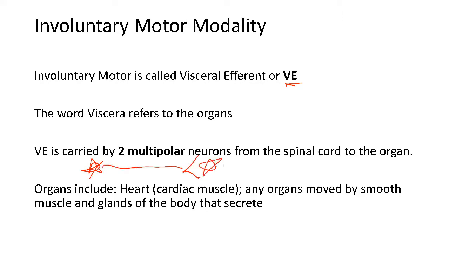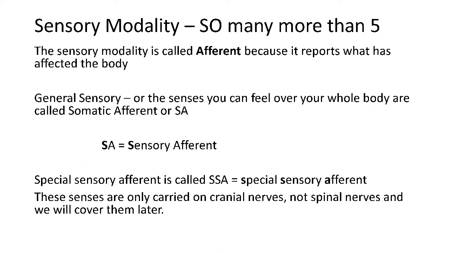And we have a second nerve that goes out. So we have two nerves here. VE goes to places like the heart, smooth muscle organs like the digestive system, or the arteries, and any glands of the body that secrete. So we have VE is involuntary motor versus SE is voluntary, skeletal.